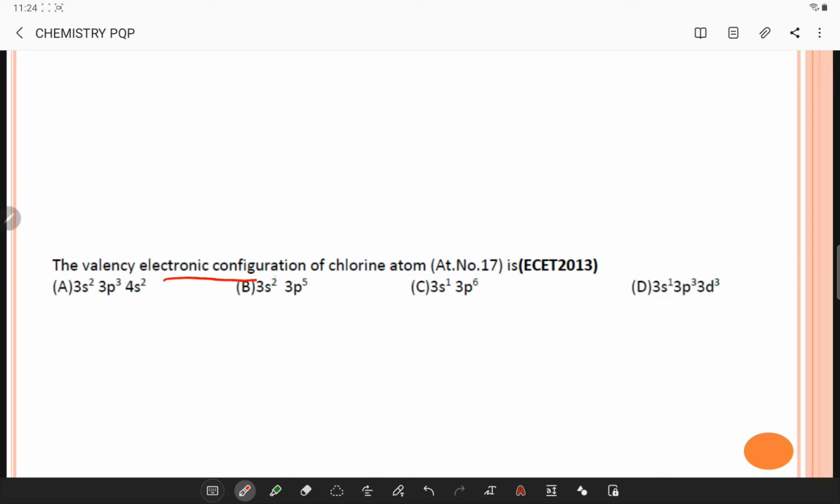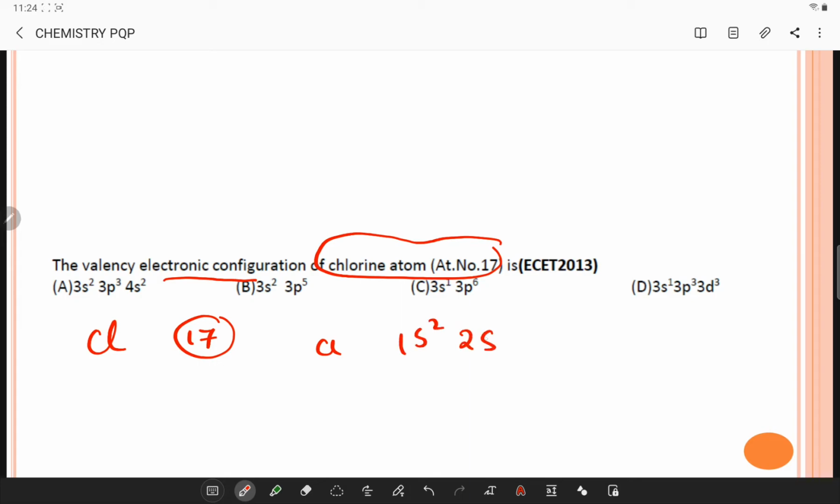The valency electronic configuration of chlorine atom, Z equal to 17. Chlorine atomic number is 17. So I can write it as 1s2, 2s2, 2p6, 3s2, 3p5.